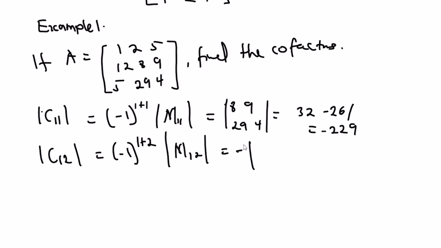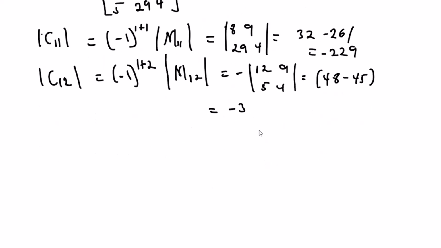We cancel out, then we get 12, 9, 5 and 4. Then the determinant will be 48 minus 45. Then we get our answer, negative 3. The reason why it's negative is that we have the negative here, so it goes to negative 3.